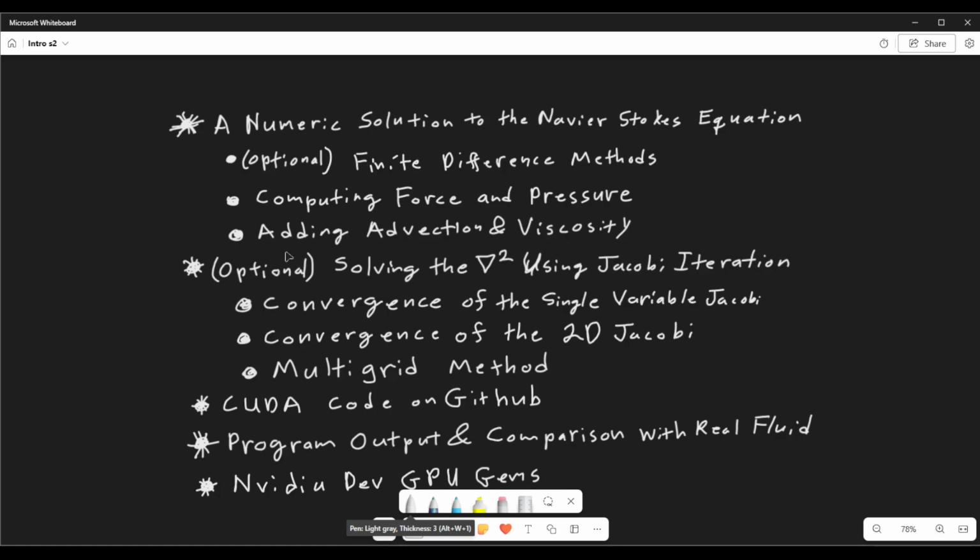And then I have a very long optional section on how the Poisson equation is actually solved using Jacobi iteration, which basically ends up turning it into a problem in matrix or sparse matrix multiplication.